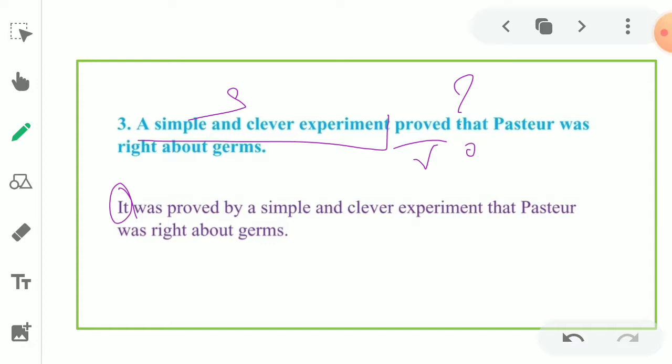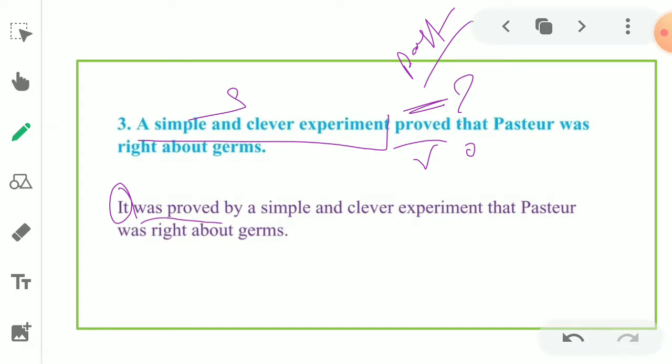Then you begin: it was, because the tense form of proved is simple past. As a result, you take was, and it is third person singular. Then proved, the V3 form of proved.